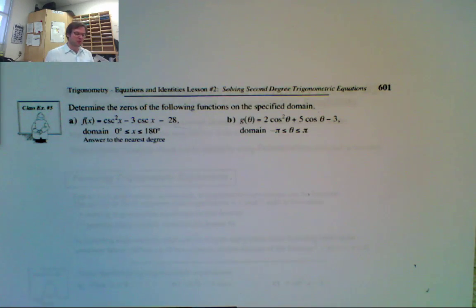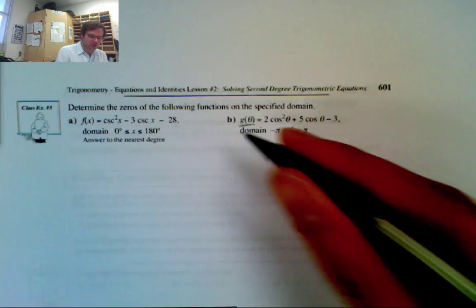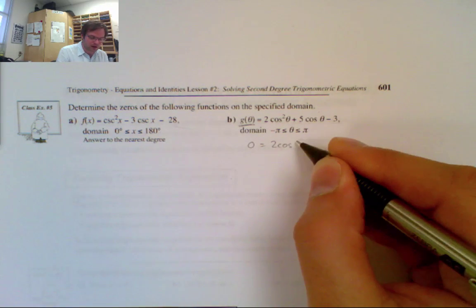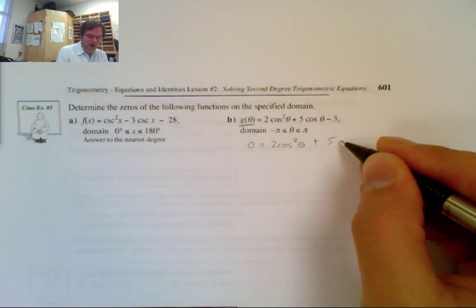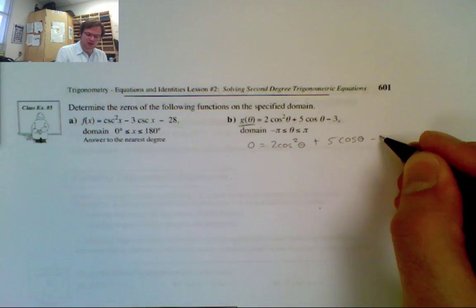So for our last example, number 5, it wants us to determine the zeros of the function on the specified domain. So I'm going to skip ahead and just do B for this one. Right here, we want the zeros, so that means we want 0 equal to 2 cosine squared theta plus 5 cos theta minus 3.